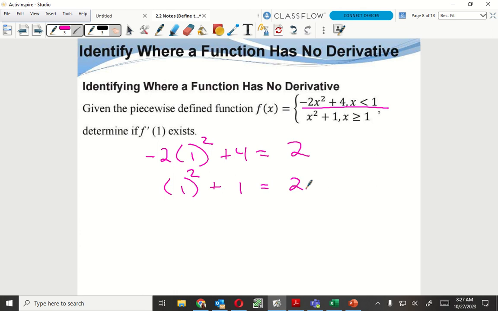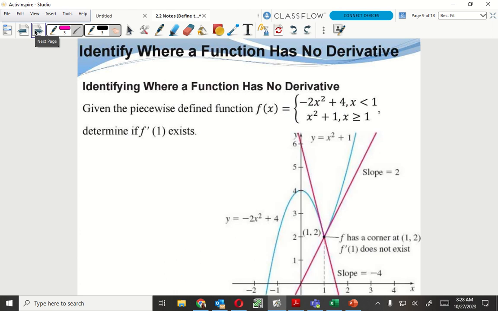So what does that tell me about this graph? When we were talking about continuity, the left side and the right side must be meeting at the same point. Are they meeting at the same point? That's what's continuous. So that makes this one right here continuous. That's good. So now that we know it's continuous, if I were to sketch a graph, it looks like this.